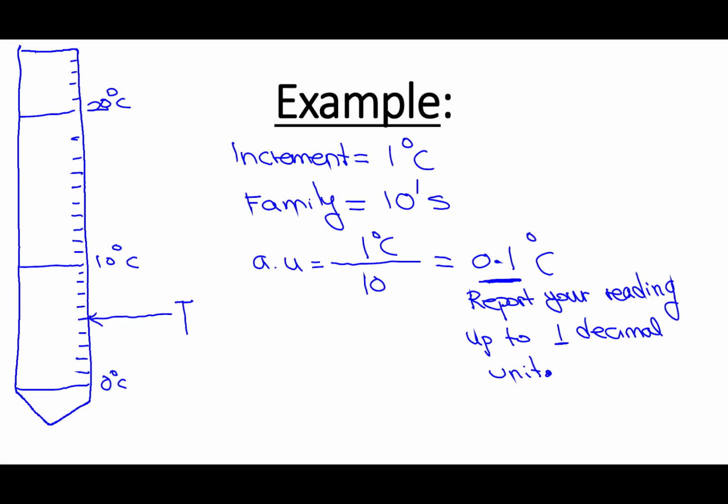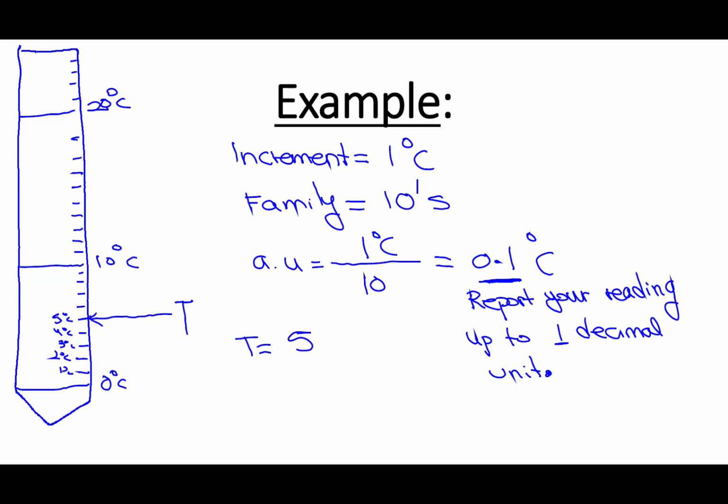Now let's look. We want to find out the temperature at that point. It's 0, 1 degree, 2, 3, 4, 5. As you can see here, that temperature is sitting exactly at 5, right?